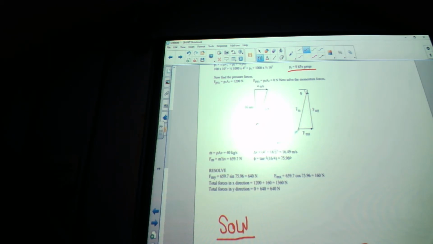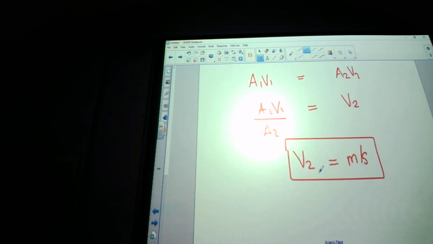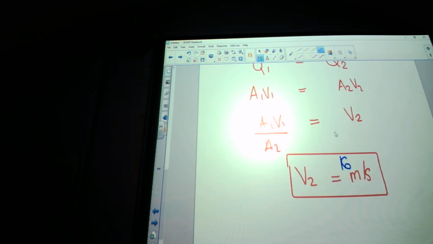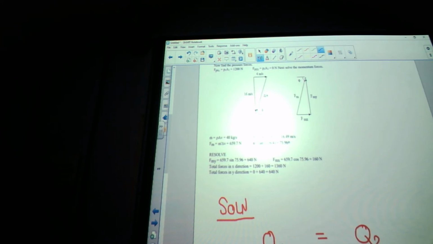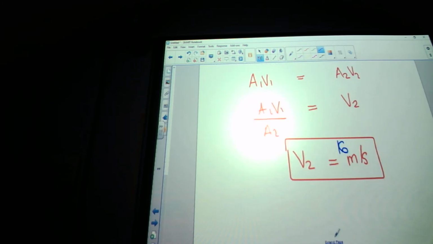Now I need to find the forces. I have the velocity from the previous step. Make sure you check that. Here they give me 16, but make sure you check that 16 is right. Okay, now the next thing is to find the pressure and the forces.